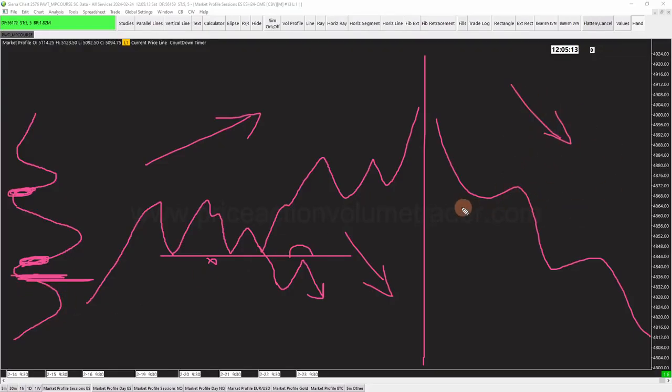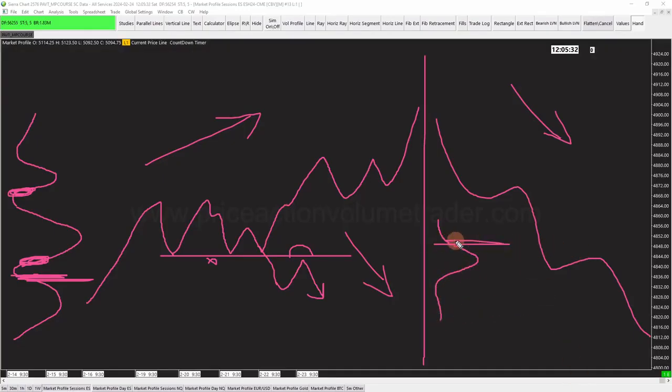So this will be the same situation here. If we're in a downtrend and we have here a high volume node like this, let me draw this better. Let's say we have this and a high volume node forms here.